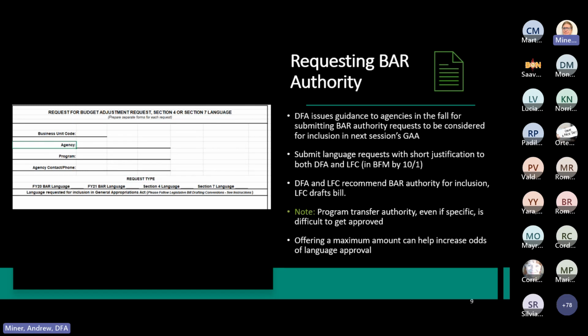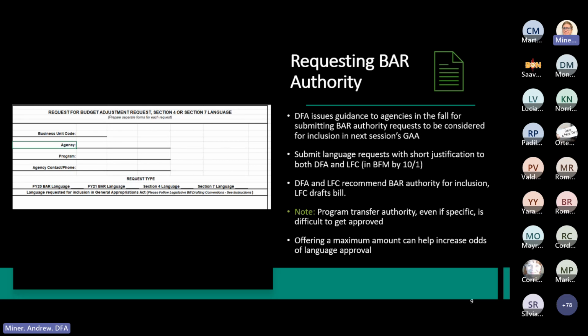Like I said, program transfer authority, even if specific, is difficult to get approved. But one thing that can help, not just for program transfer authority, but for any type of budget adjustment authority that you're requesting, is to offer a maximum amount.